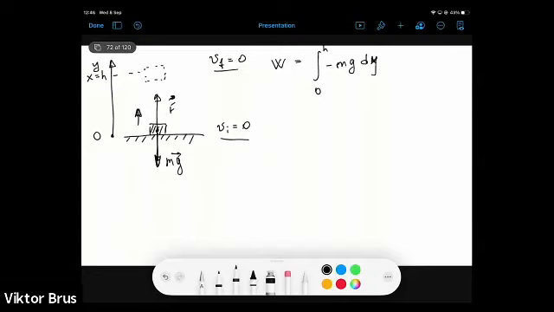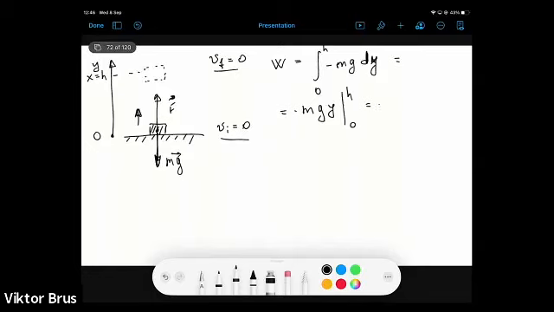Sorry, here it will be dy because we have axis y, and displacement is along axis y. So in this case, these are two constants, so we will get just minus mg integral of dy, and y is changing from 0 to h.